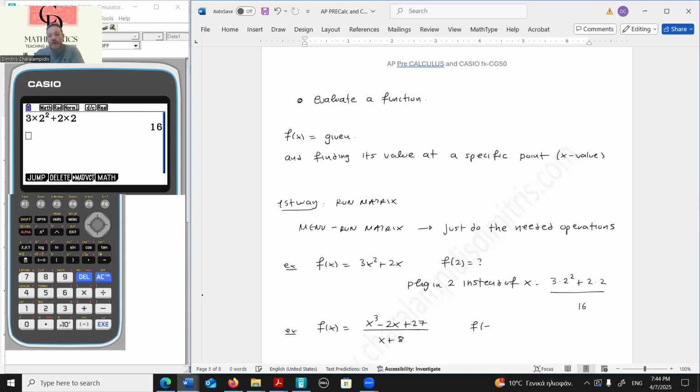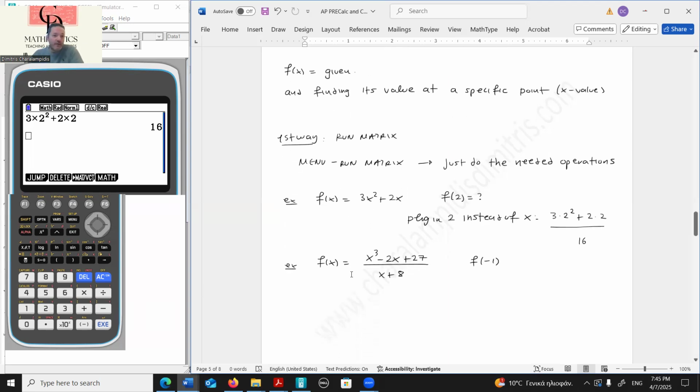Another example: f of x is x cubed minus 2x plus 27 over x plus 8, and I need to calculate f of -1. Like before, I plug in -1 instead of x. This creates -1 cubed minus 2 times -1 plus 27 over -1 plus 8.